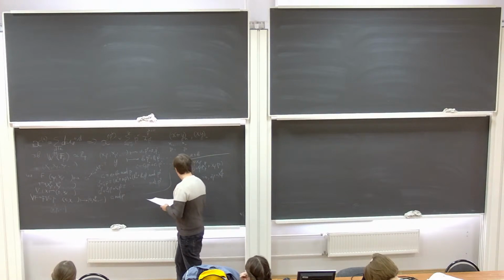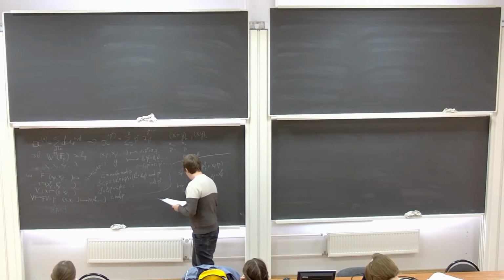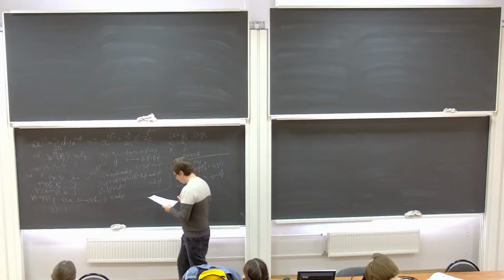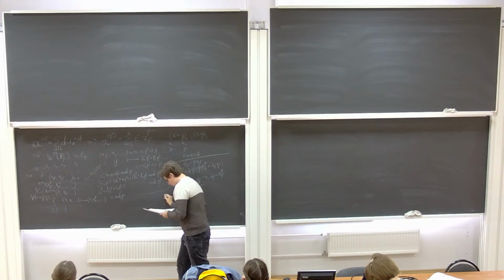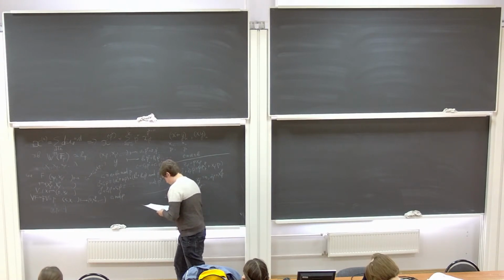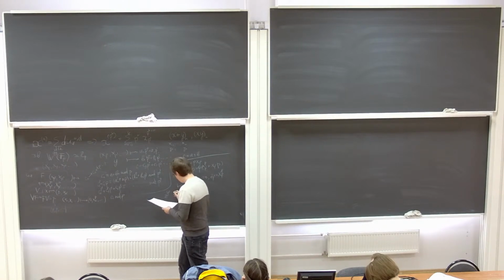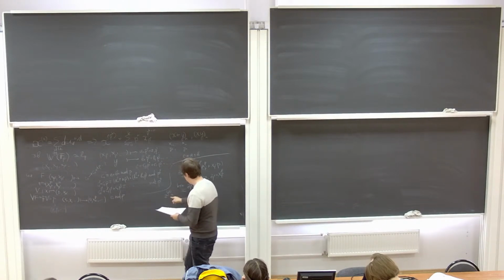Let this statement be true for k less than n, so z_{p^k} is equal to x_{p^{k-1}}^p. We want to prove that it is true for p to the power n. Okay, so this is the nth equation.